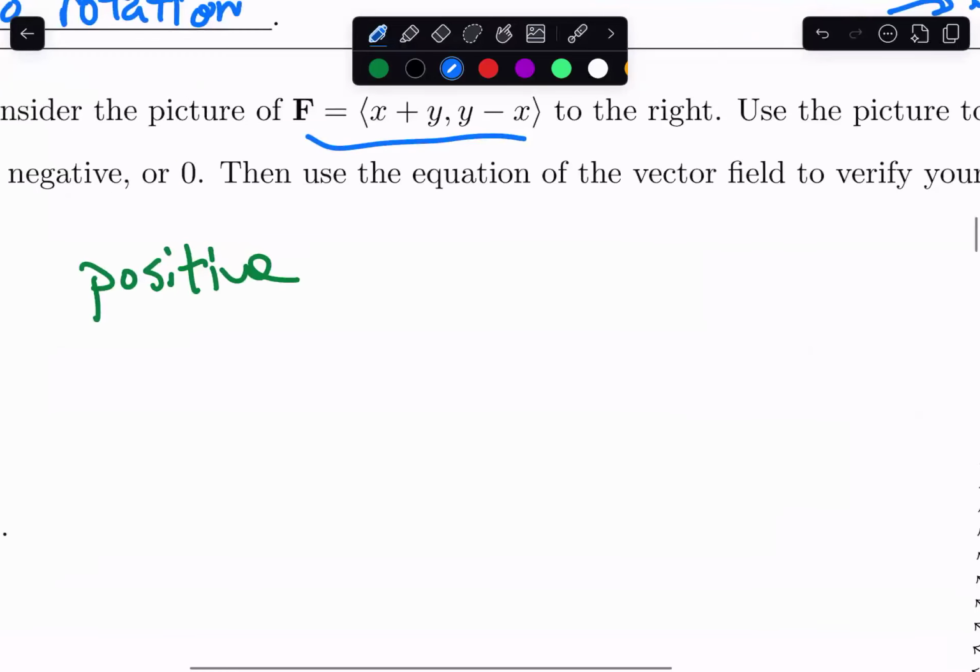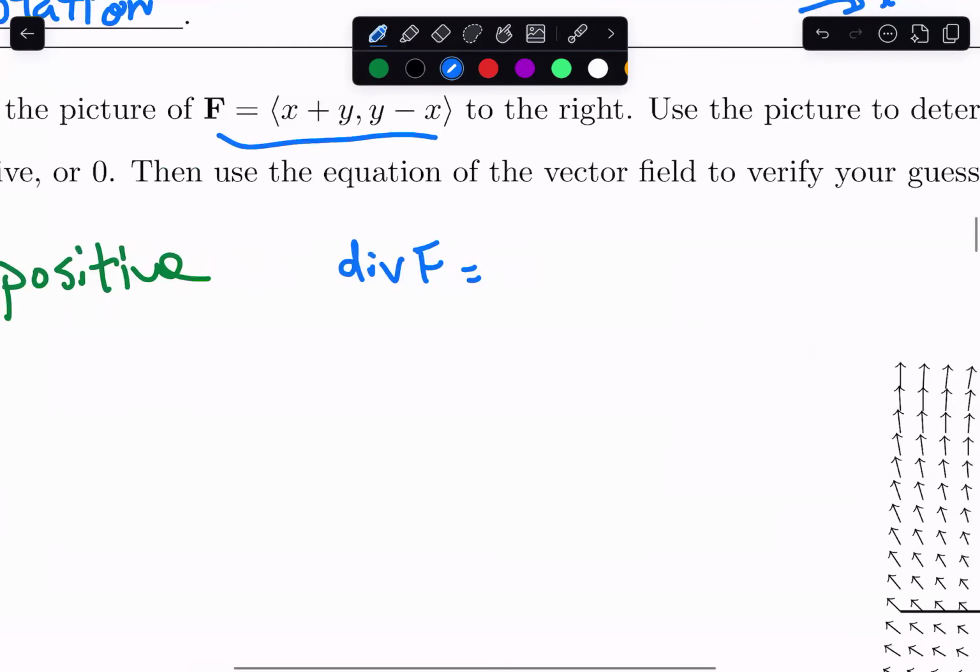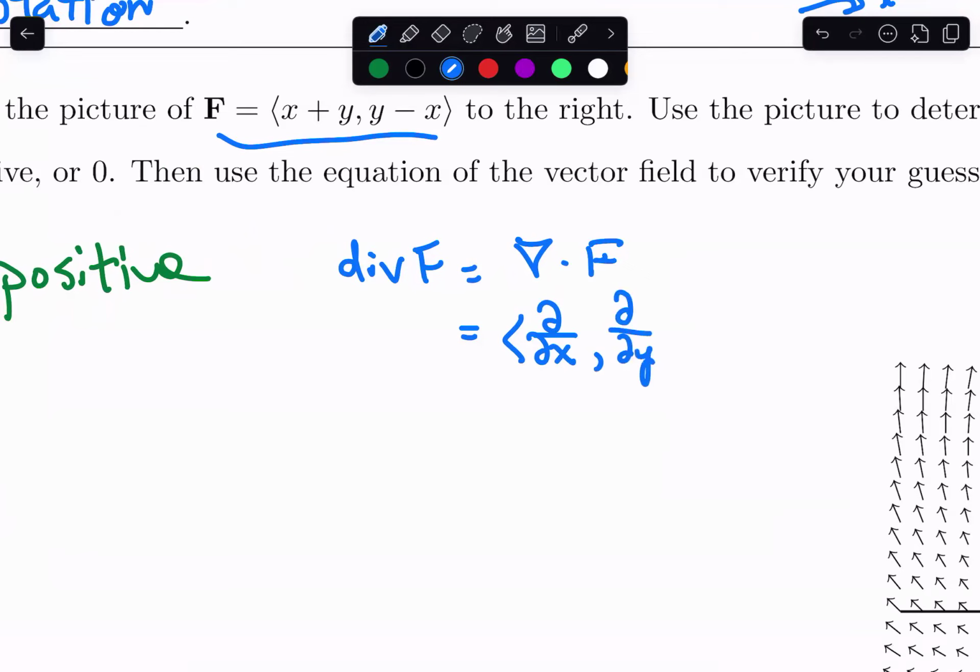So again, divergence is supposed to be this del dot F. So a partial derivative with respect to X, a partial derivative with respect to Y. And since there are only two components, this seems like a reasonable place to stop.